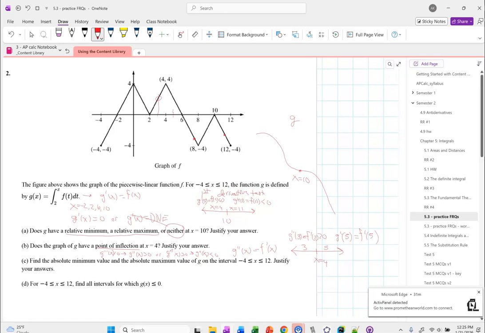So 5 is there. The slope there is negative. So we would say then this is an inflection point because we have that change in concavity happening.